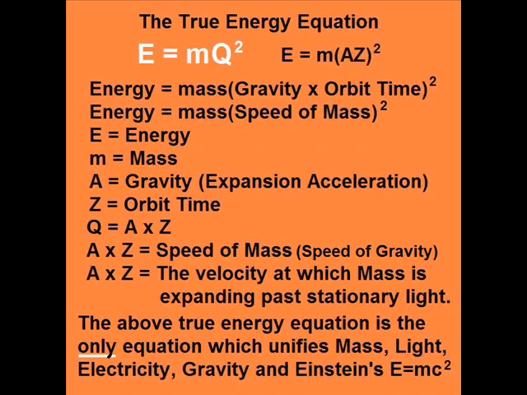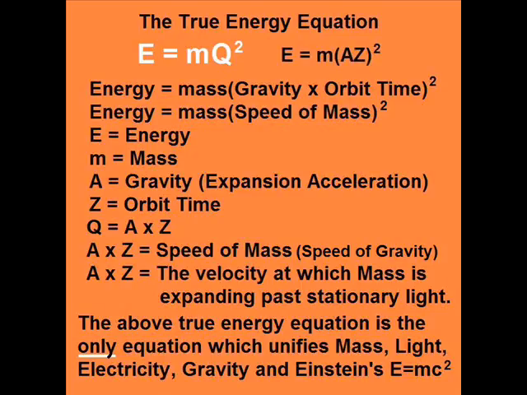The true energy equation is energy is equal to mass times gravity times orbit time squared. Energy is equal to mass times the speed of mass squared. E is equal to energy, m is equal to mass, a equals gravity or expansion acceleration, and z is equal to orbit time.